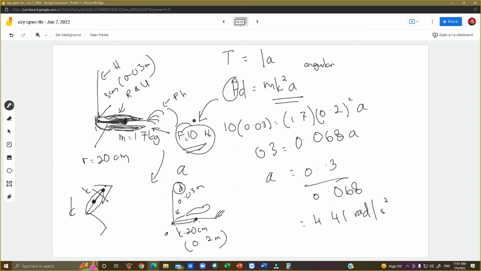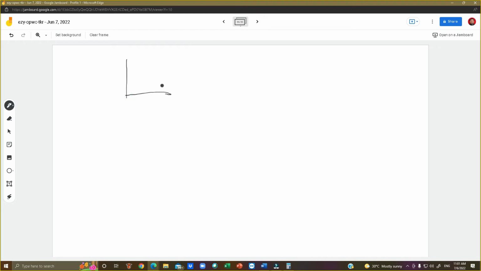Okay, meaning that if the force being produced at the flexor is 10 Newton, it will cause the hand to accelerate. Accelerate how? Our hand moves at the joint. So if this is our hand, this is the joint, it can only move like this.